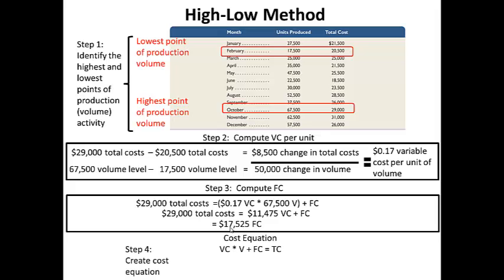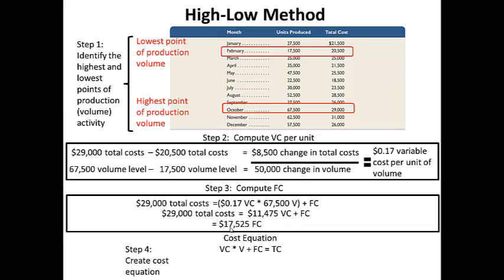Our total cost equation is equal to our variable cost times our volume. That's VC times V. Now, that should be in brackets because that calculation should be done first. So it's variable cost times volume, that's our total variable costs, plus our fixed cost will then equal our total costs.